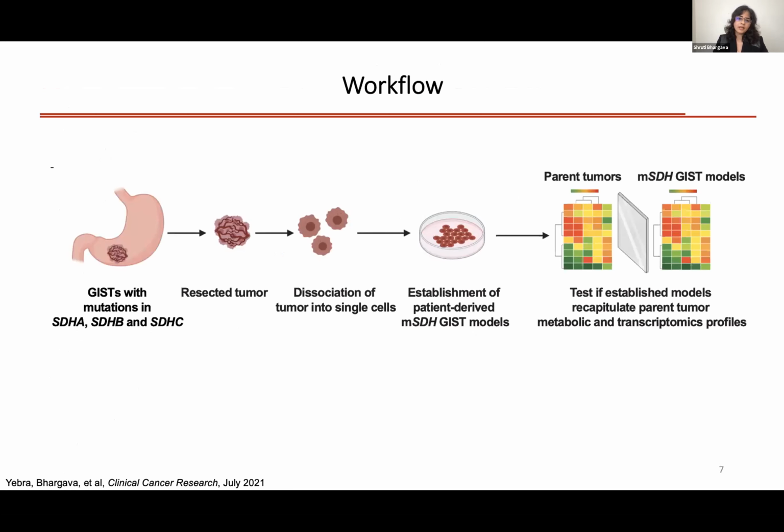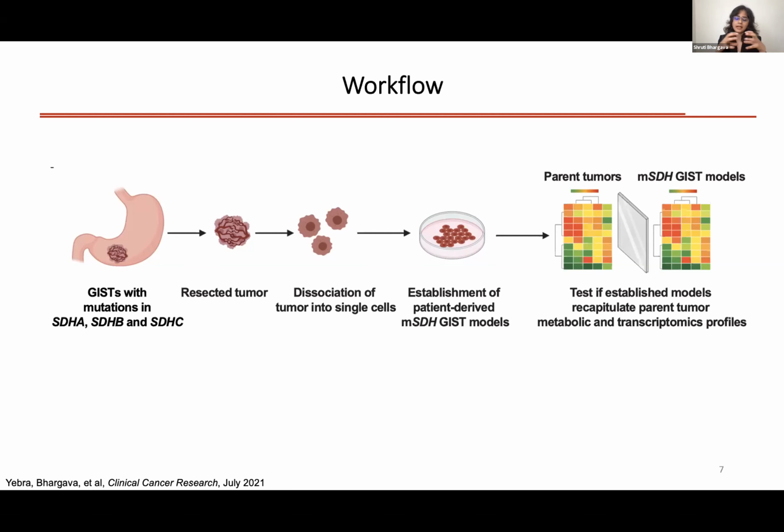So we picked a basic strategy to meet these two challenges. Firstly, to establish patient-derived models, we dissociated the resected tumors, and then a very stringent permutation and combination of ECM, that is extracellular matrix, and media were tested.